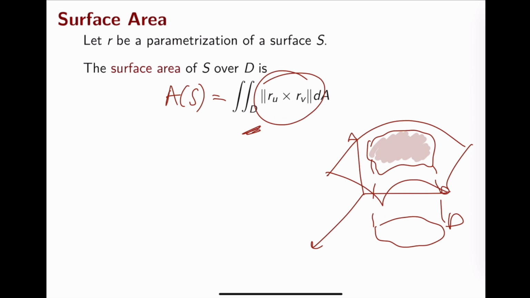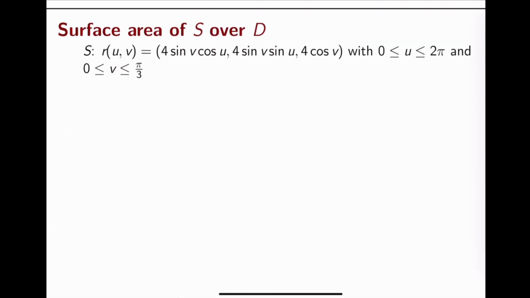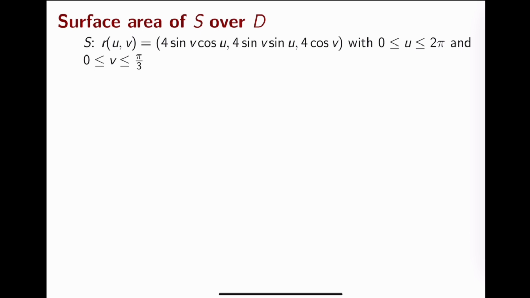So the normal vector that we calculated before as a cross product between RU and RV, then we need to calculate the norm. The double integral of the norm of that vector over the domain is what will be the surface area. So, for instance, we have the surface in this case defined by these parametric equations, and this is the domain D over which we want to calculate the surface area.